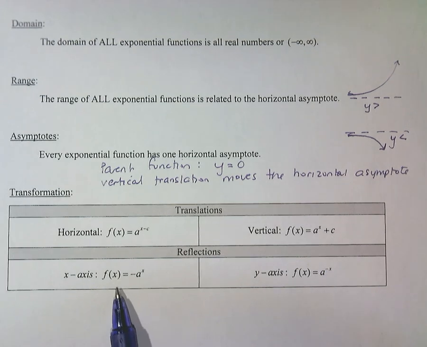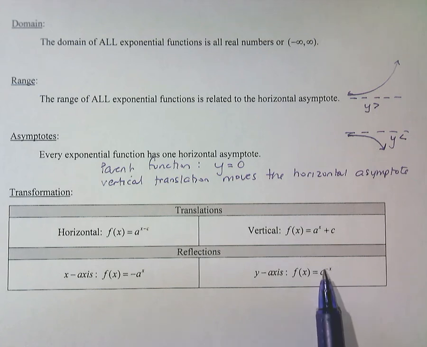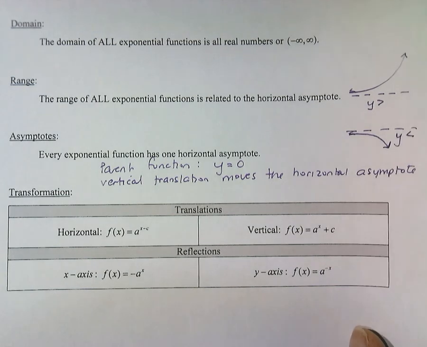We can do x-axis reflections when a negative is in front. That changes the y value. If the negative changes the x value, then it's a y-axis reflection. I'm not going to deal with stretches and shrinks. We just don't have those that often in this course.